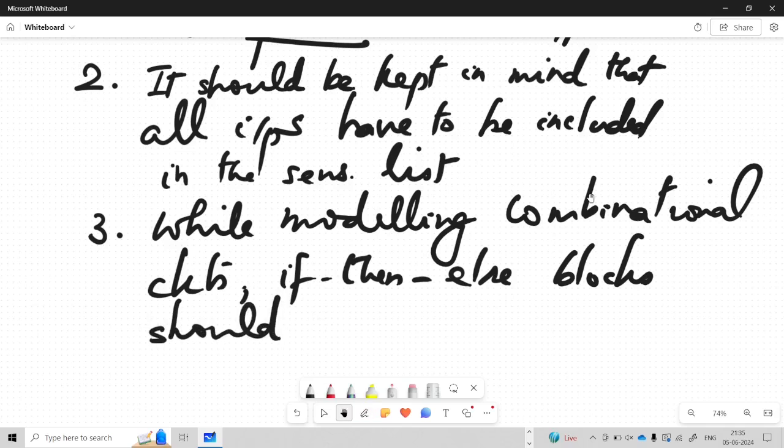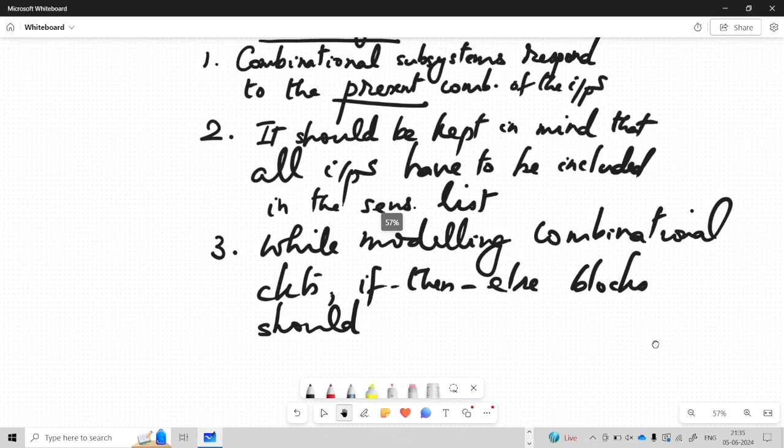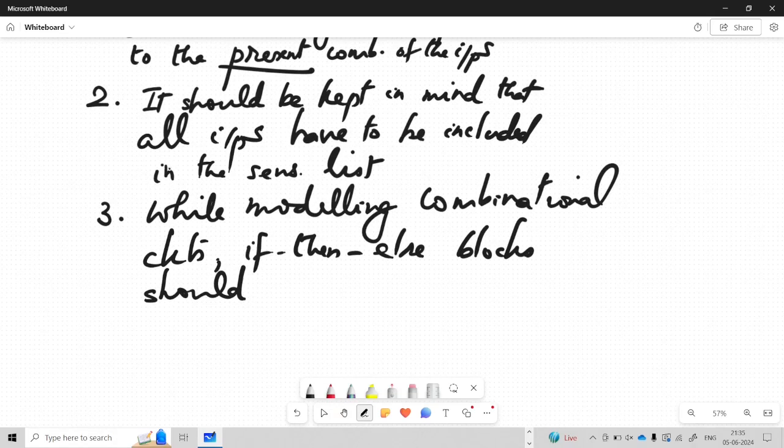I'm not talking about the default keyword in the case statement. Here we are talking about the default assignment to be provided before starting the if then else block or the case block for that matter.